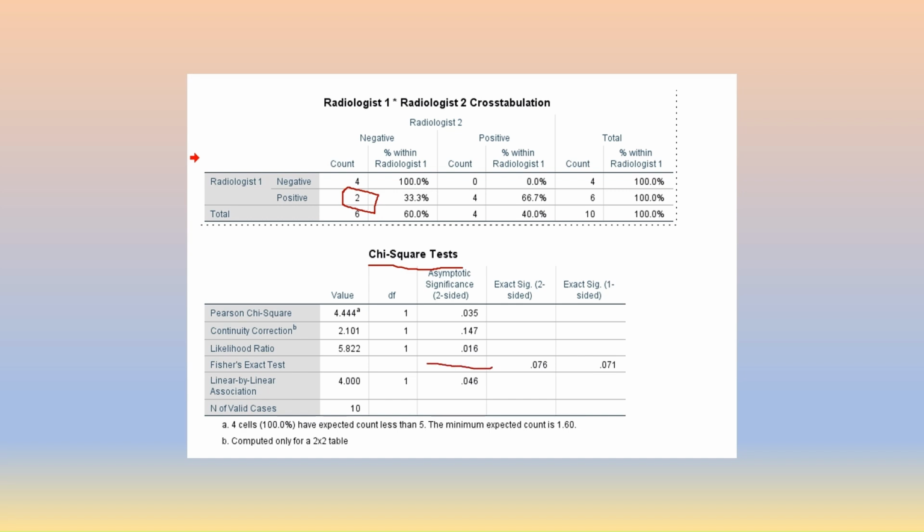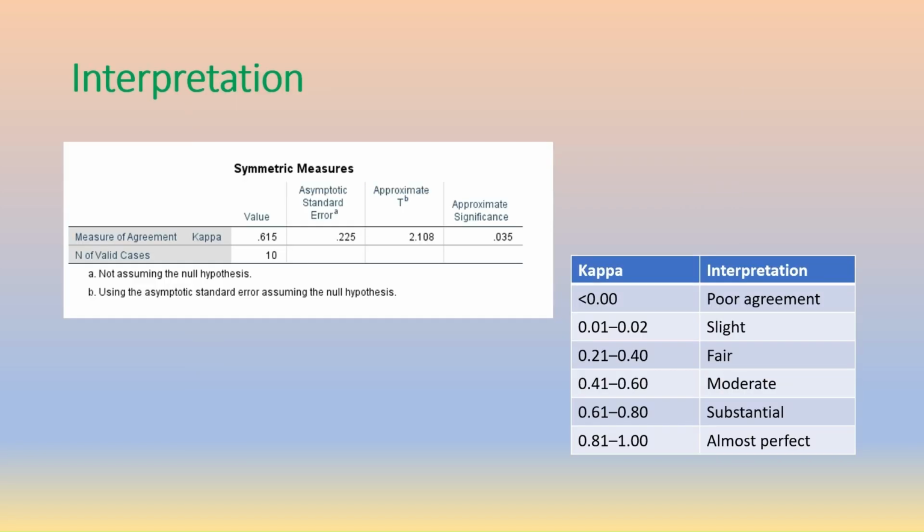The Fisher exact test p-value is 0.076, which means there is no association between radiologist 1 and radiologist 2, and the Kappa of 0.615 means substantial agreement between radiologist 1 and radiologist 2 to diagnose pneumonia.